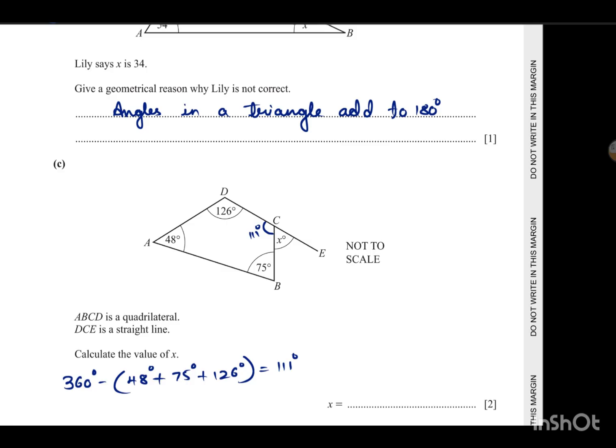Now since DCE is a straight line, that means that is 180 degrees. So the sum of the angle 111 plus x will be 180 degrees.